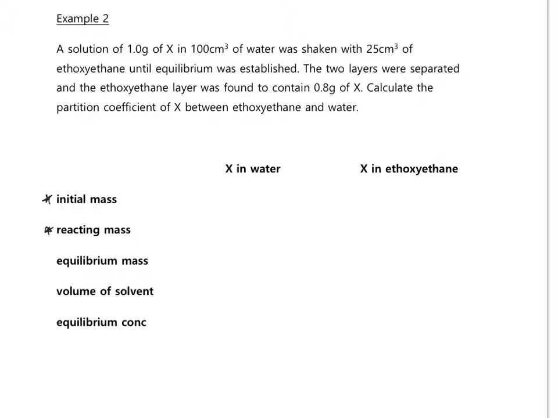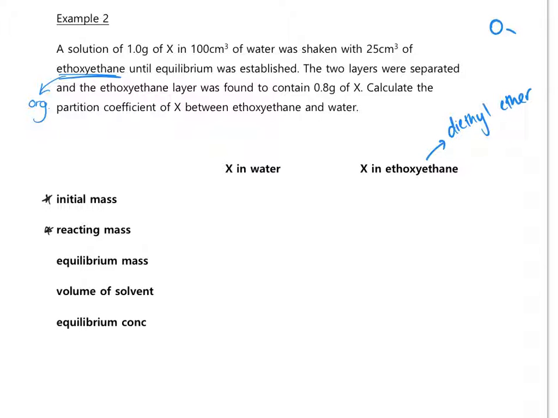Okay, so we've got our headings of X in water and X in ethoxyethane. Ethoxyethane is our organic solvent. Just a little side note, ethoxyethane is the same as diethyl ether, which smells lovely. Ethers have an oxygen in the middle and then an alkyl chain on either side.